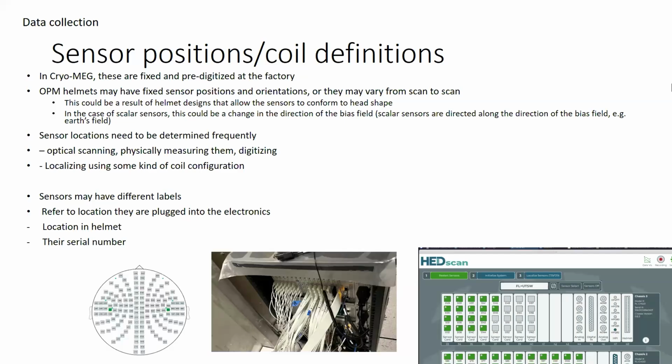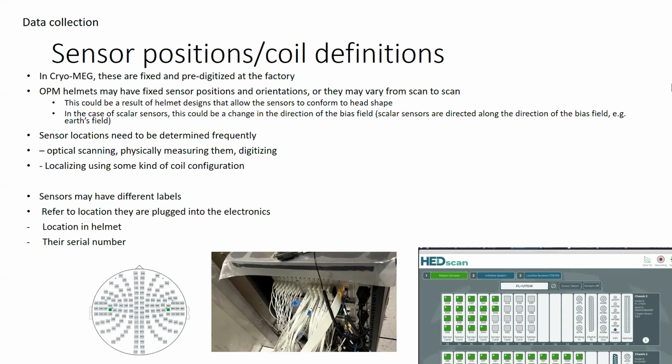The other thing that I very quickly realized is that there are no sensor positions to begin with. With the cryo MEG, you have them fixed and pre-digitized in the factory, but with the OPMs, they're not. And they can be named differently as the process goes along. So, for example, when you start, you don't know where they are, you don't know what positions they're necessarily in, and they may be named by where they're plugged in to the electronics.